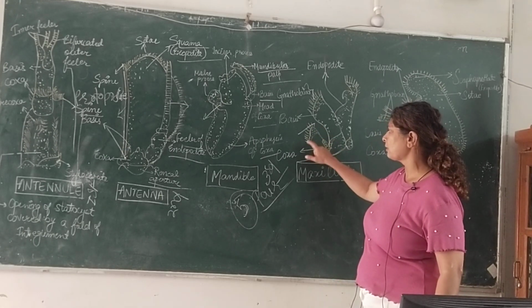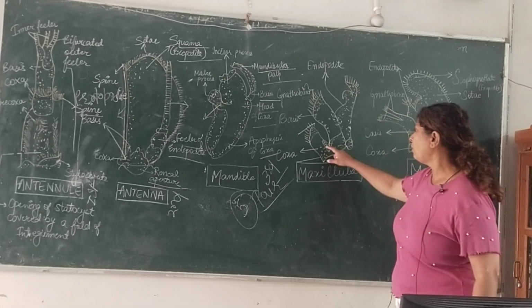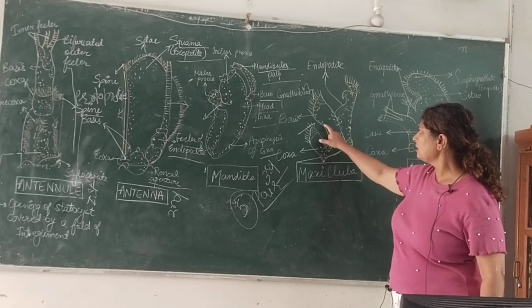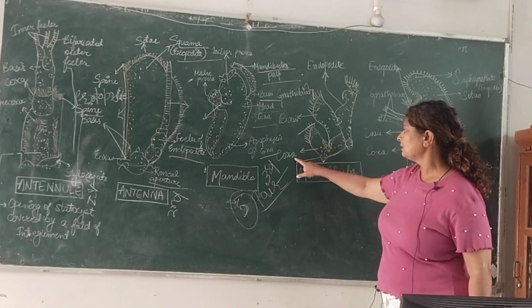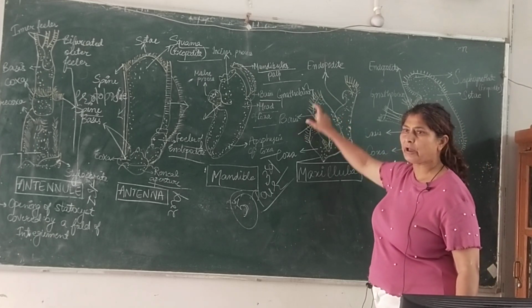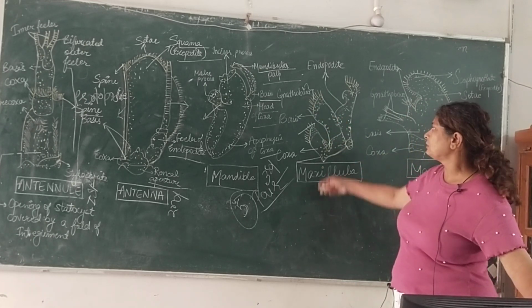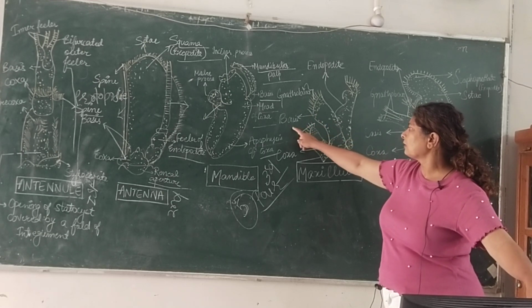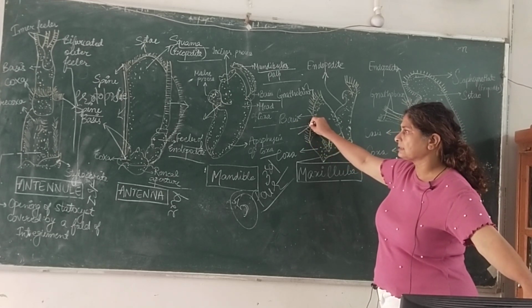And they have number of setae just above from the coxa. Inner to this coxa there arises another long fan like structure which also has setae on its body. They are called the basis.